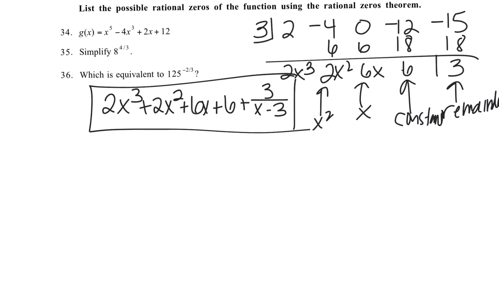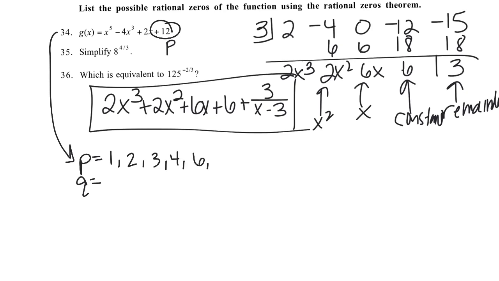And then when it says list the possible zeros for number 34, that's our p's and q's. Our p's are all the factors of the constant. So that's 1, 2, 3, 4, 6, and 12. Those are all the ways to get 12. Our q's are all the factors of the leading coefficient, which in this case is just 1. And then all the possible rational zeros are plus or minus p divided by q, and all the combinations.